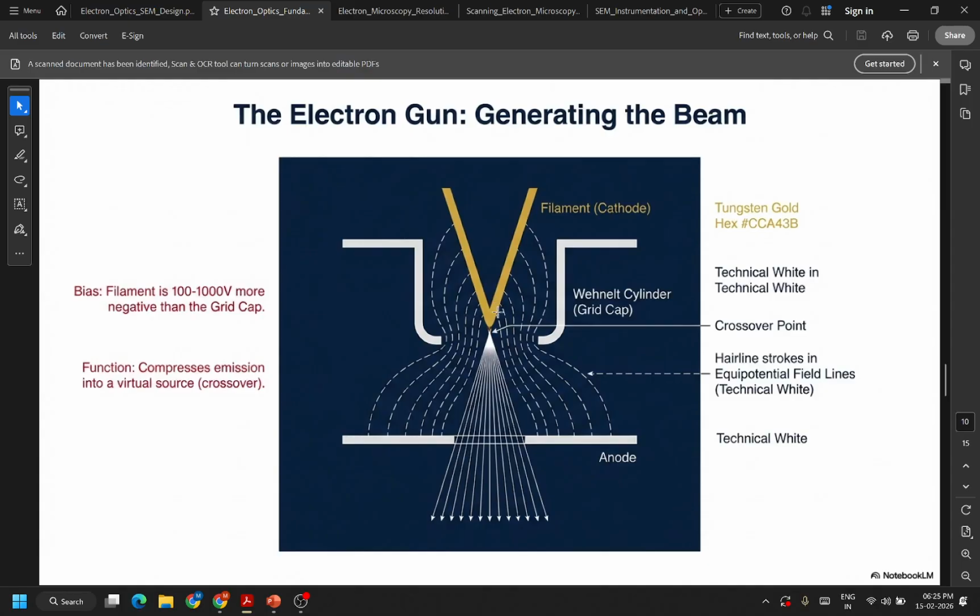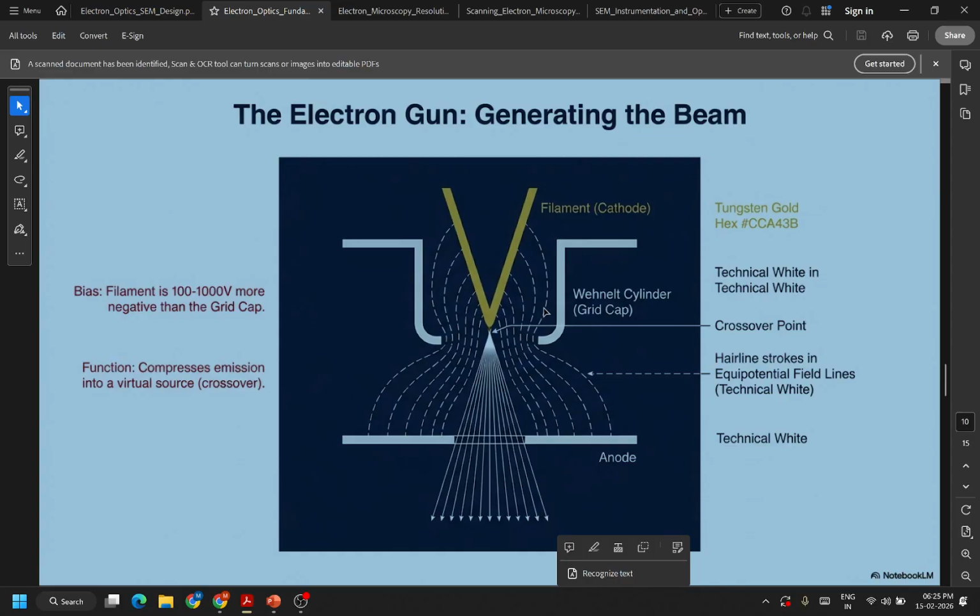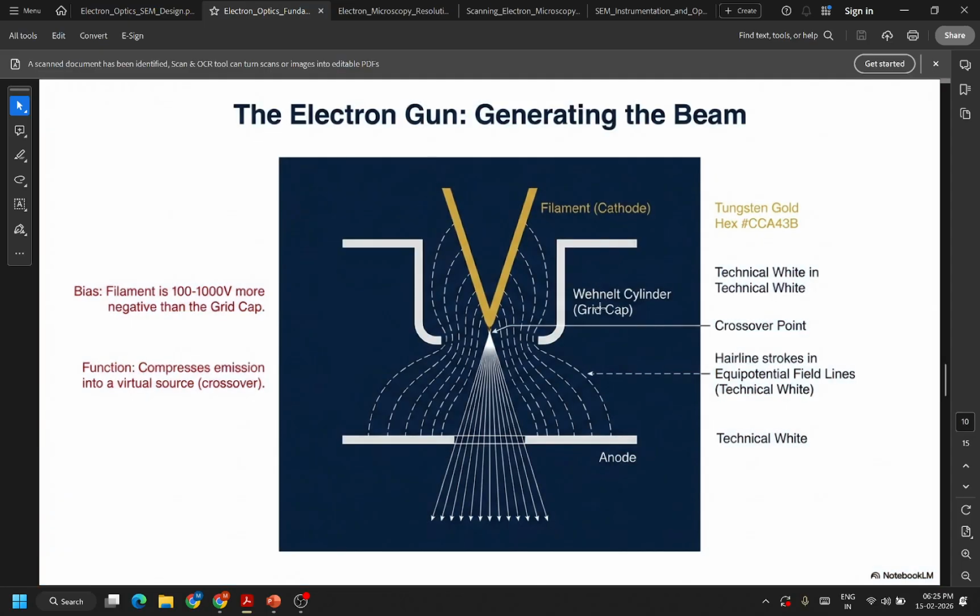Now there are several ways of generating electrons from your filament, which we will discuss. You also have this thing called a Wehnelt cylinder, or a grid cap, which is used to control the amount of electrons being ejected, and it is used to compress the emitted electrons into a source.